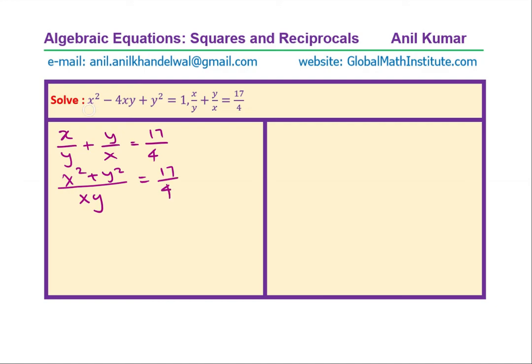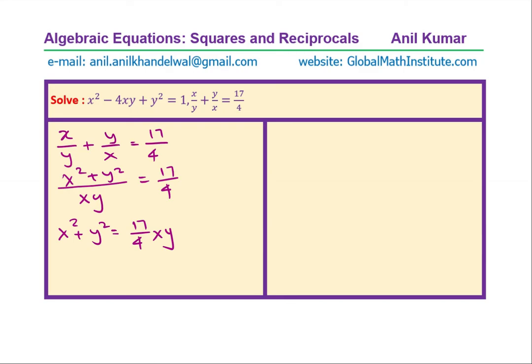Now if you look at the second equation, it has the terms x squared plus y squared and minus 4xy. That means x squared plus y squared from here can be substituted in the first equation. So we can rewrite this as x squared plus y squared equals 17/4 xy.